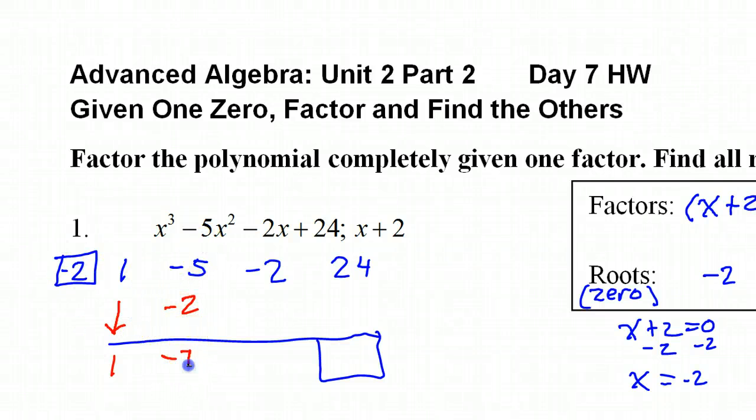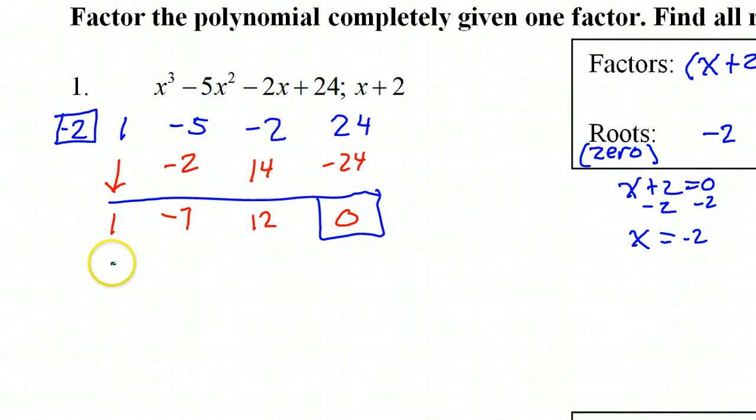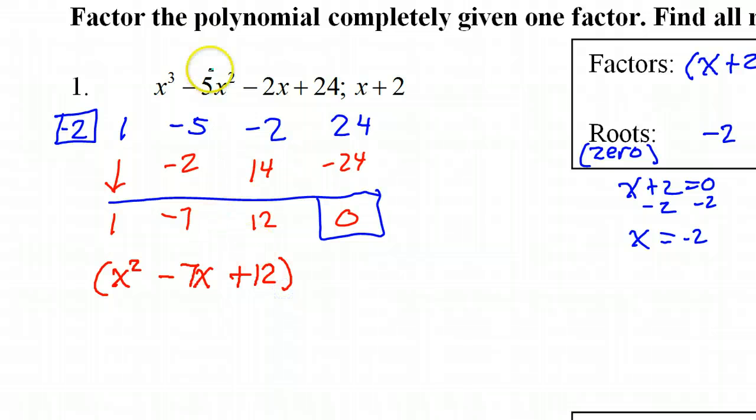Put these together, you get negative 7. Multiply here, you get 14. Add them, you get 12. Multiply, you get negative 24, and you get 0. You better get 0. If I turn this back into a polynomial, I have x squared minus 7x plus 12.